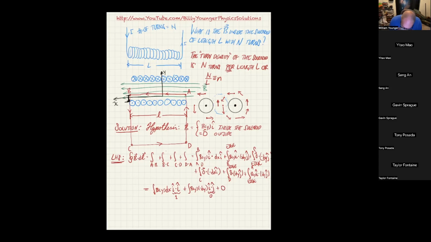This part was from the B to the edge, and this part is from the edge to the C. That's what the 0 was, but we don't have to show that.